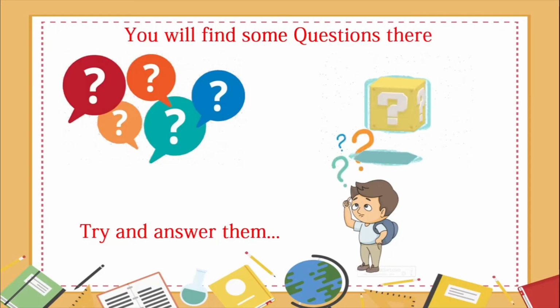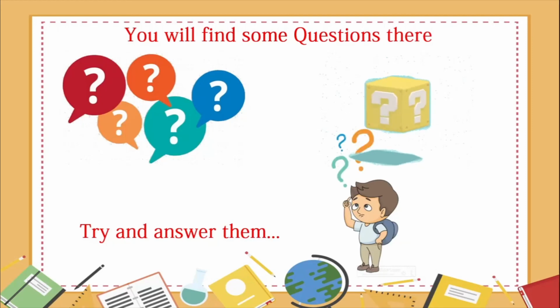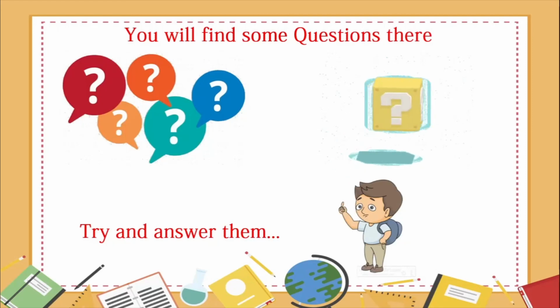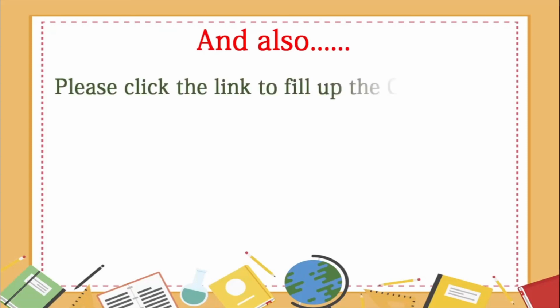And note down the answers in your notebook if you want. Okay? After that, we have another task waiting. You will also click on the link which you will find in the description box to fill up the Google form.